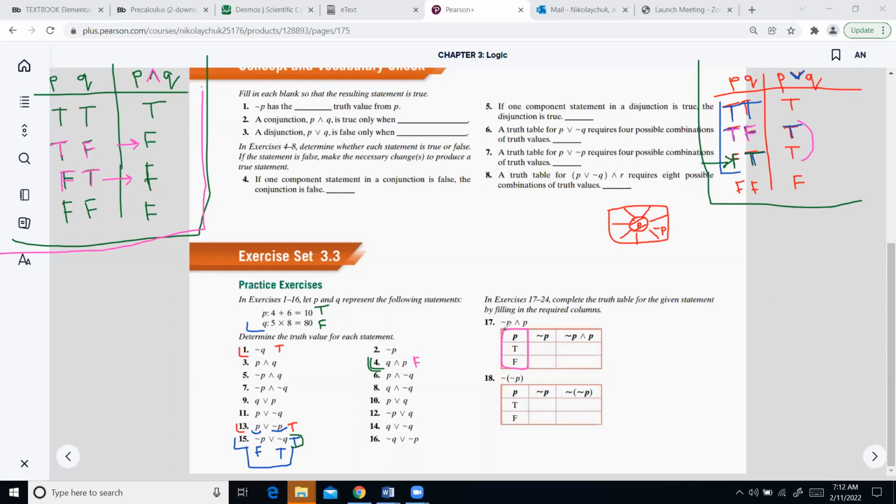So now I need to negate both of them, which means that instead of T, I put F, because that's not P. So we change T with the opposite, and false we change with the opposite, a true. So I have produced the second row. Then what?